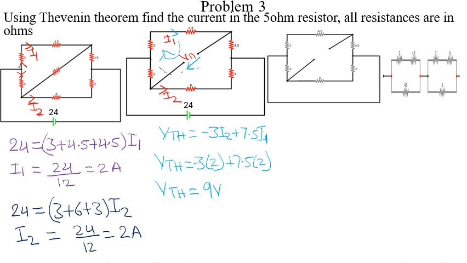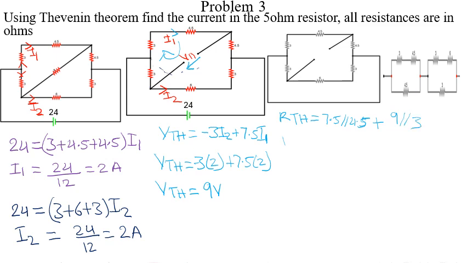So our RTH here is equals to, let's just add the 3 and 4.5, it becomes 7.5 in parallel with 4.5, plus 3 plus 6 becomes 9 in parallel with 3.